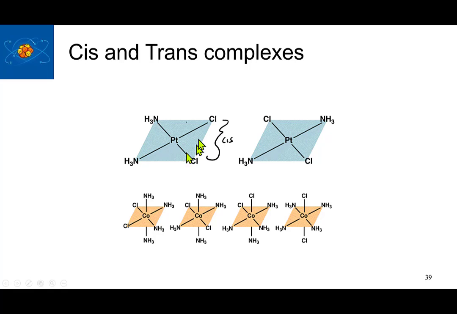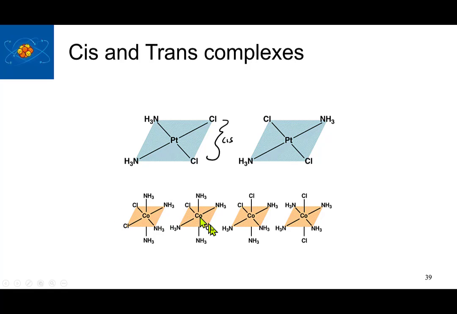This one would be polar, this one would be nonpolar, for example, because the electronegativities would exactly cancel on opposite sides. So cis and trans isomers are chemically, structurally different compounds. That is, if you wanted to, you can isolate these based on their physical properties because those physical properties are different, okay?